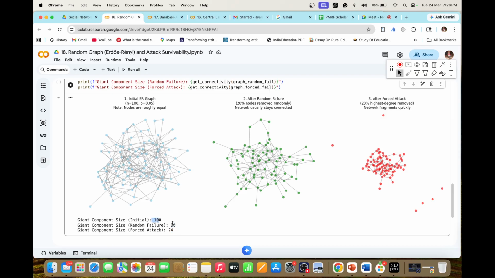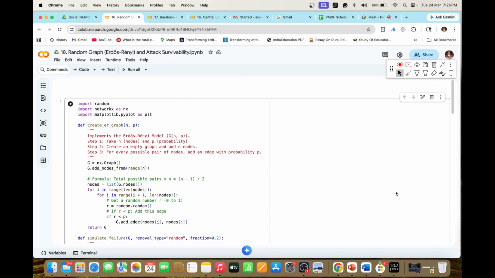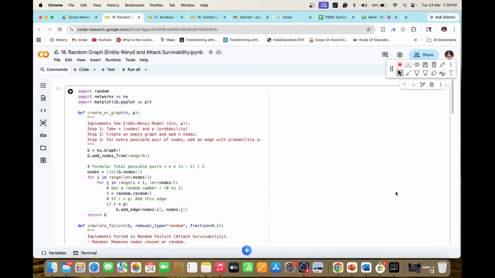Initially we have 100 nodes, after random failure you have 80 nodes, and after forced attack you have 74 nodes. This is the ER graph and the attack survivability.